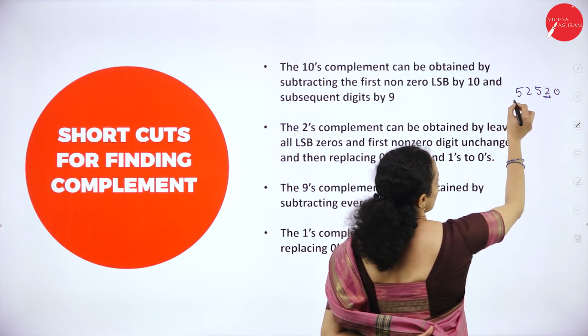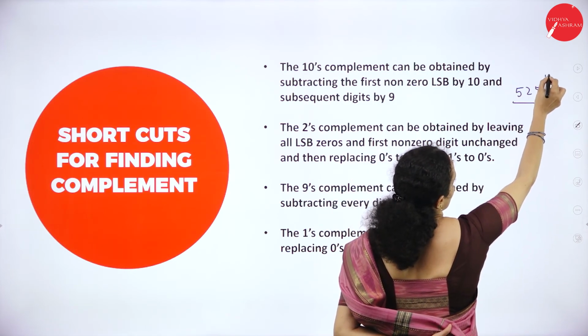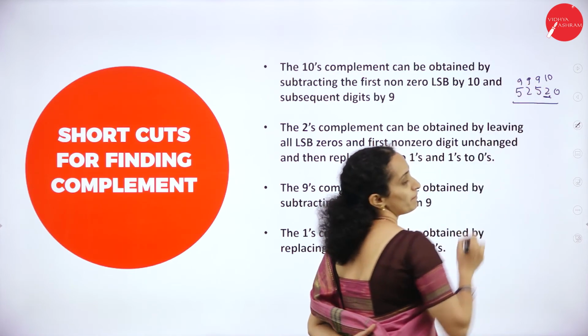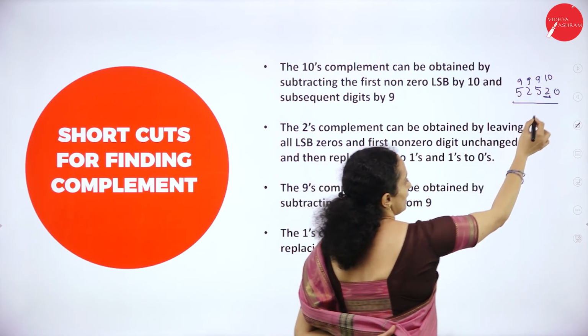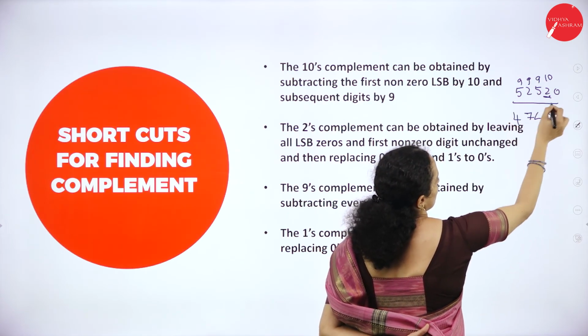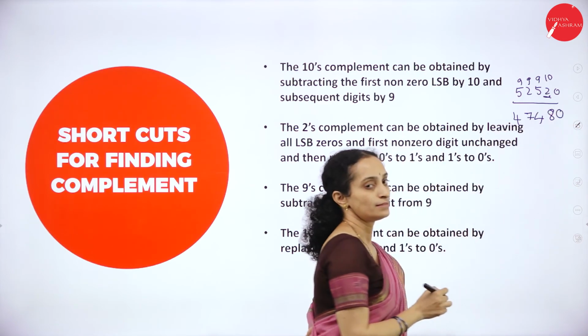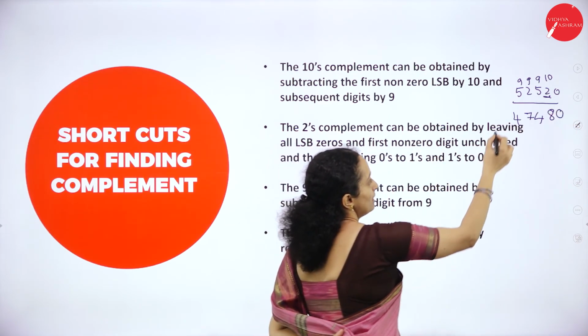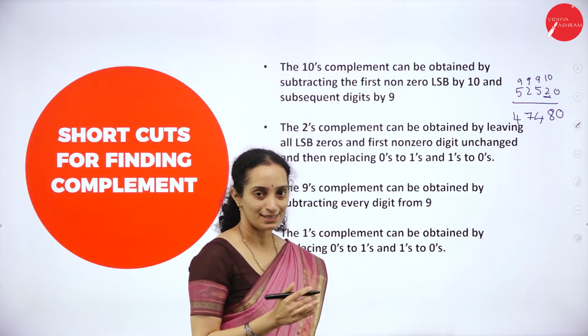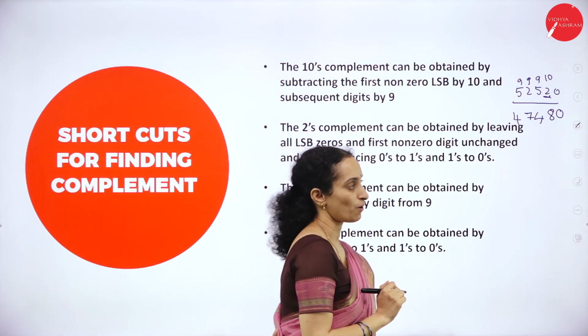Subtract it from 10, and subsequent digits from 9, which results in 8, 4, 7, 4. Keep the 0 as it is. It will result in 47480, which is the tens complement.